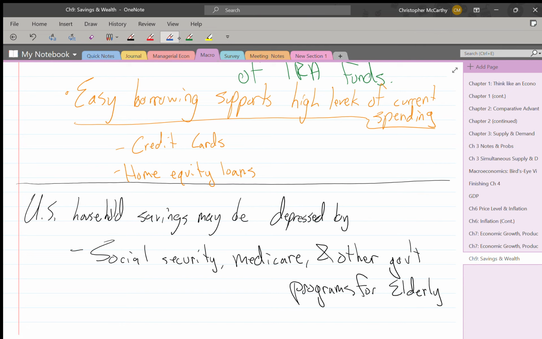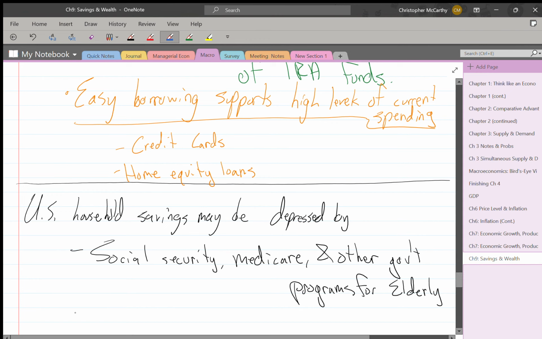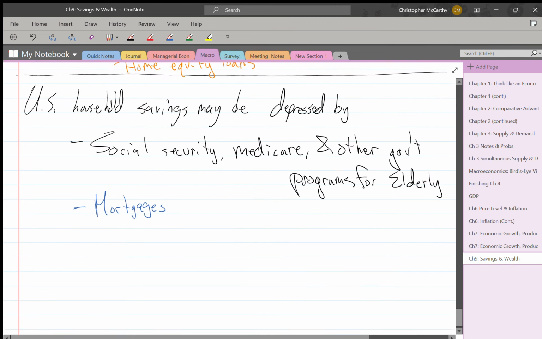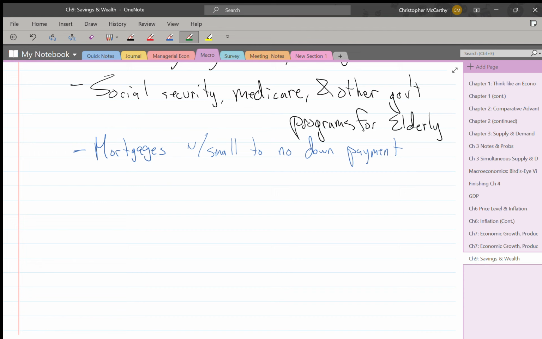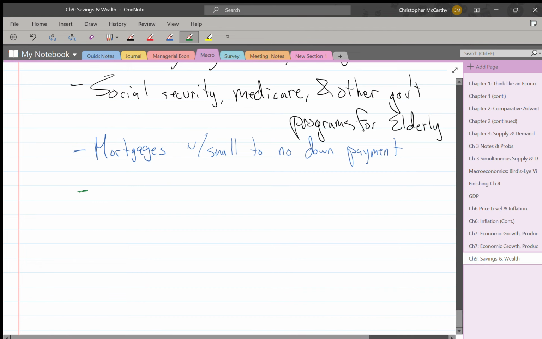Mortgages that have a small or no down payment. You used to have a sizable down payment, and now you can get mortgages with small to no down payments. As Americans, and I have fallen victim to this so many times in my life, we're just so confident, right?